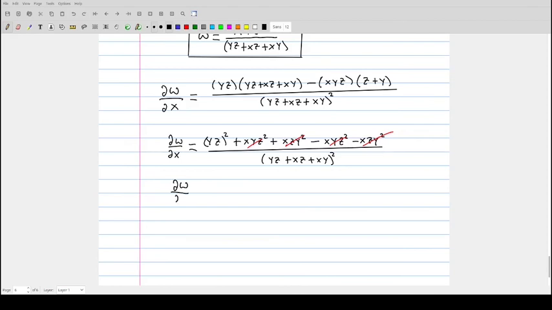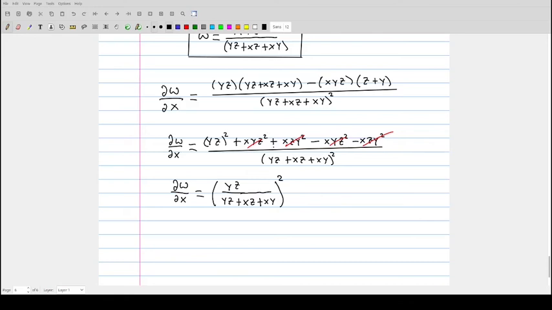which is that dw dx is equal to yz over yz plus xz plus xy squared. And this is how you would actually directly solve this without using implicit differentiation.